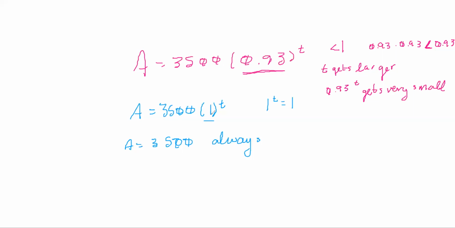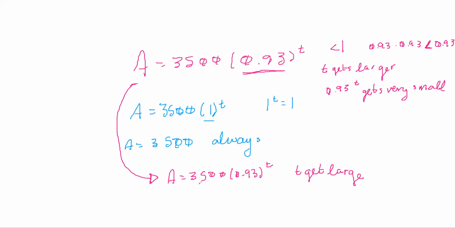Then I get to ask myself, how does that affect the rest of this equation? a is equal to 3,500, and I'll just rewrite this. As t gets large, this is going to be 3,500 times a very small number.